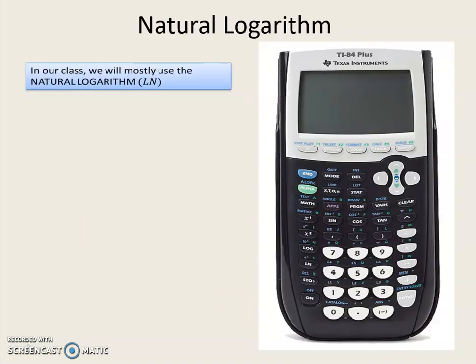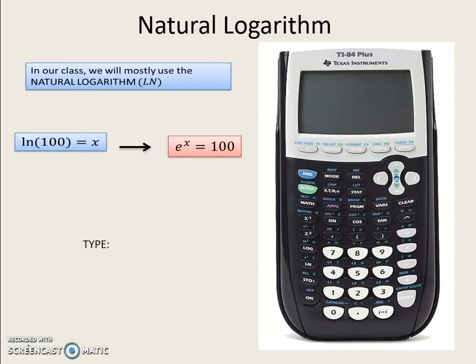In our class, we will mostly use what we call natural logarithm, which is the ln function. So suppose what is the ln of 100, right? And basically that's asking, e to the x equals 100. In other words, how many times do I multiply e with itself to get 100? The good news is, this is automatic in your calculator.